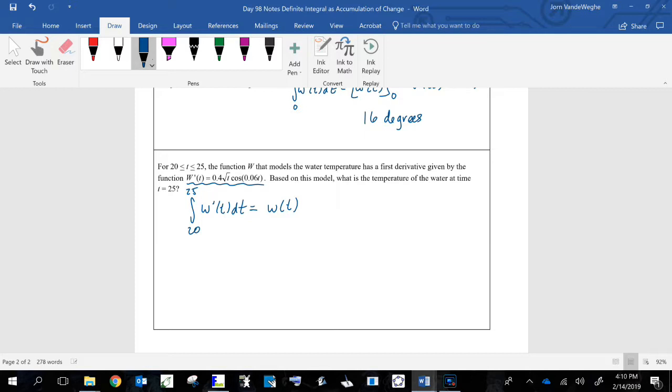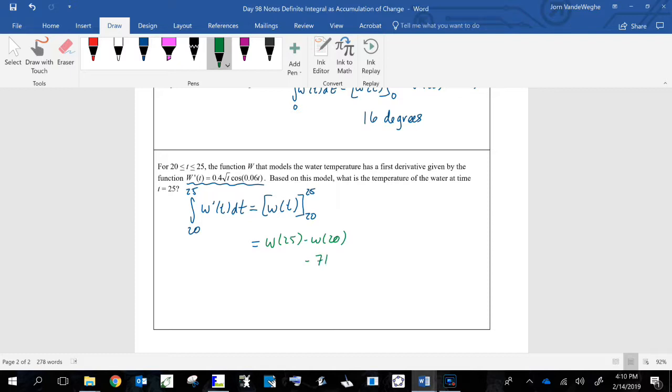But it's w of t not plus c, but evaluated from 20 to 25. Which means on the right side of the equation, what I'm going to get here is w of 25 minus w of 20. Remember that w of 20 we came up with in the table. It was 71 degrees, so I'm going to go ahead and plug that in there.